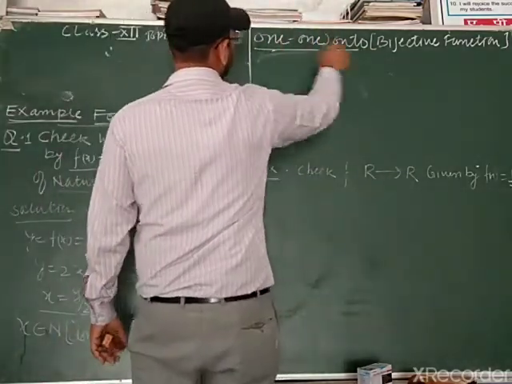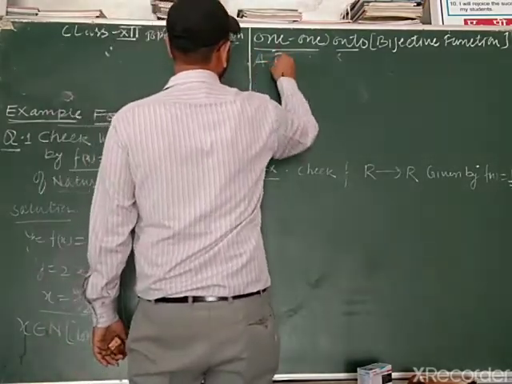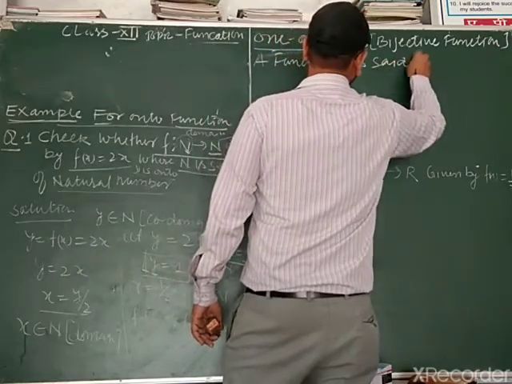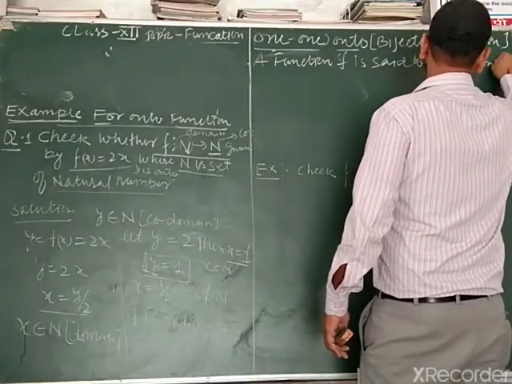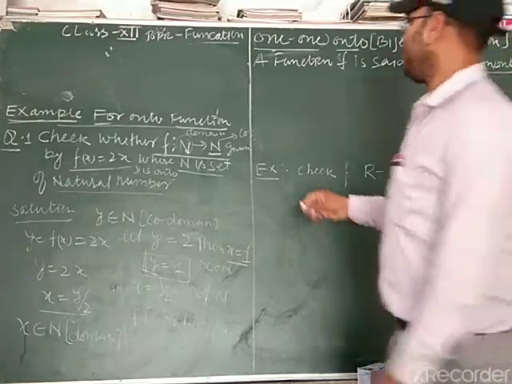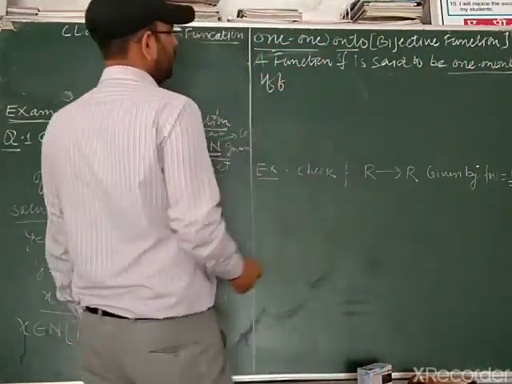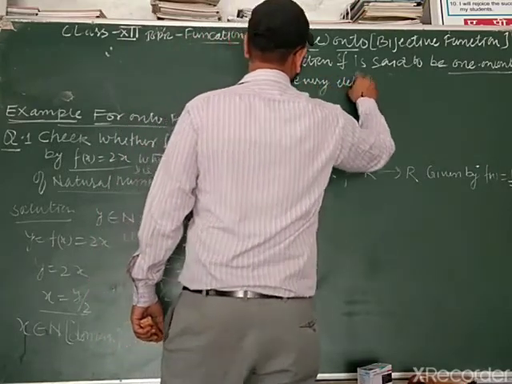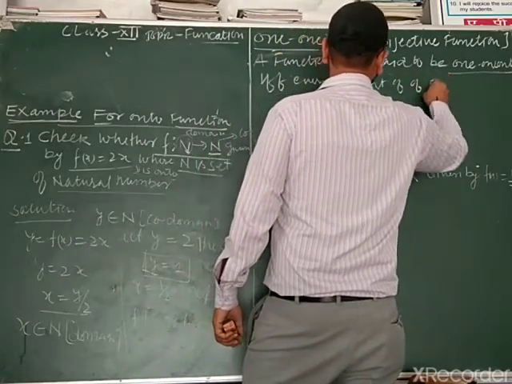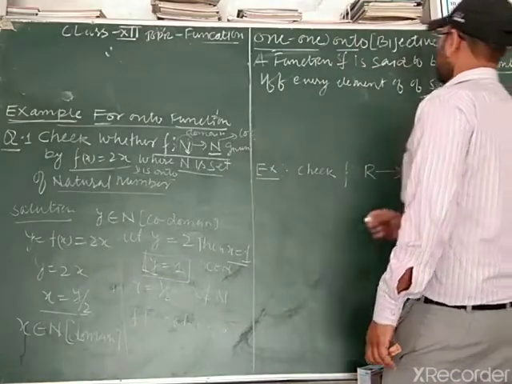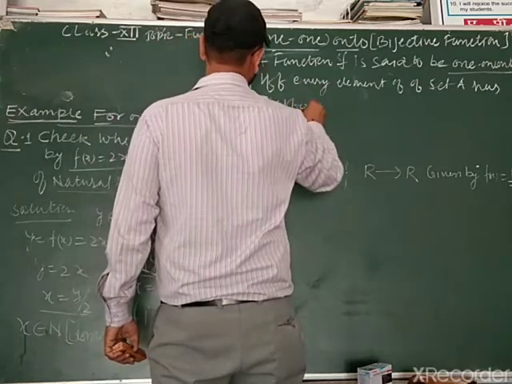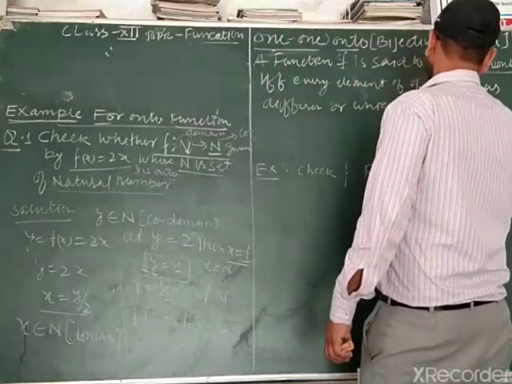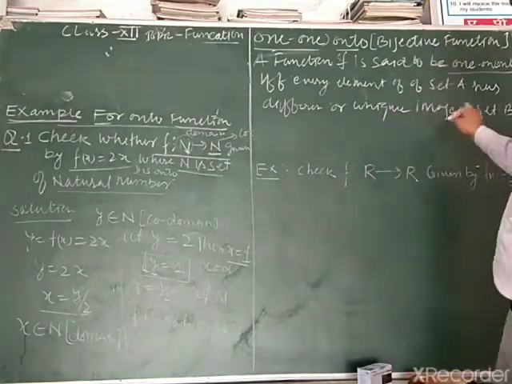So clearly by the name, a function f is said to be one-one onto if and only if every element of set A has a different or unique image in set B. That is the definition of one-one.